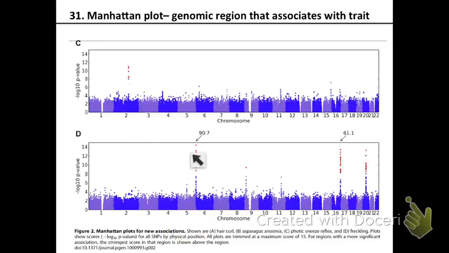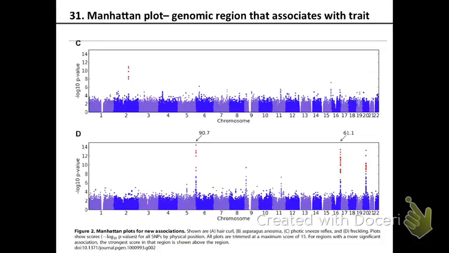That was for curly hair, and this was for freckles, right? So what they found is that there are multiple sites in the genome, on chromosome 6, chromosome 9, etc., where a number of SNPs were associated with that phenotype.